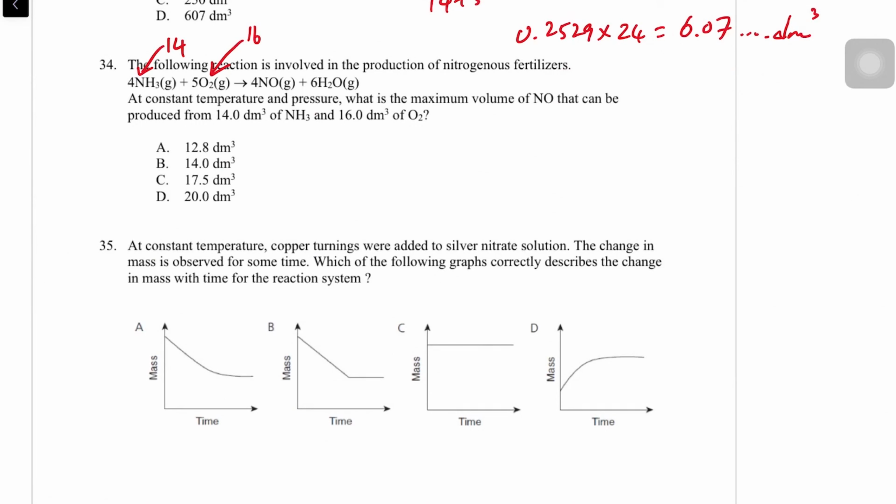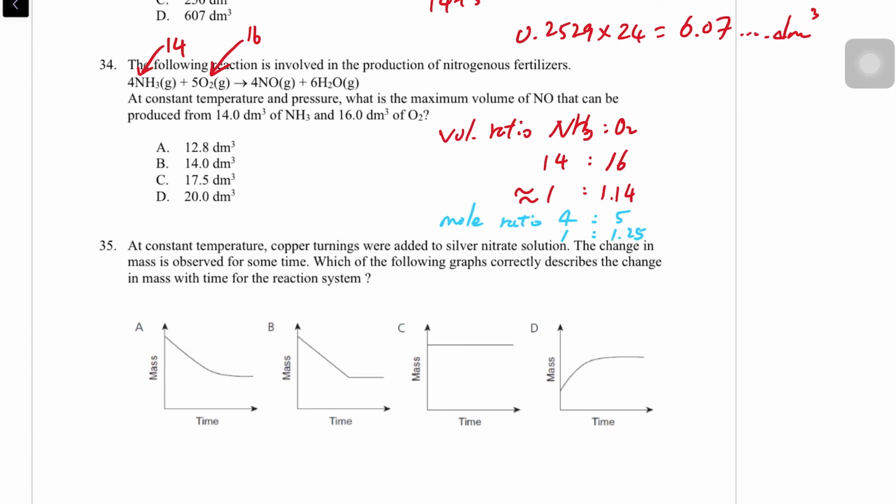If you study the volume ratio, NH3 to O2 is 14 to 16, which is 1 to 1.14. But if you study the mole ratio, it should be 4 to 5. That means O2 actually is limited.